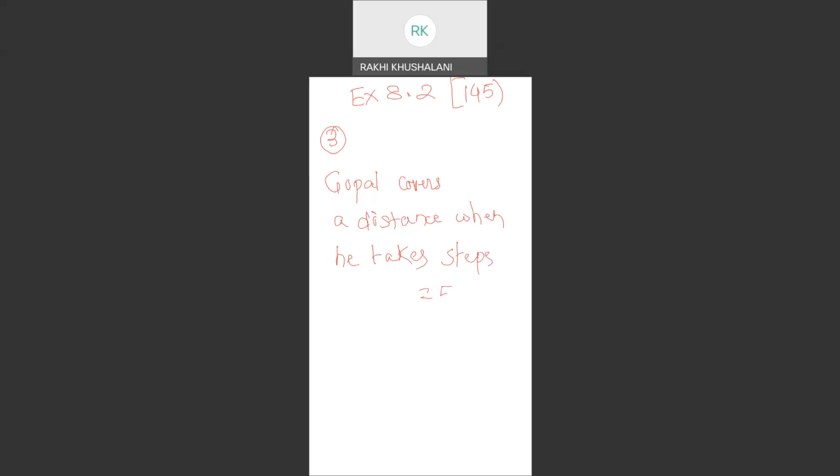It is equal to 50 centimeters. The distance he is covering is 50 centimeter, which can also be said as half meter.